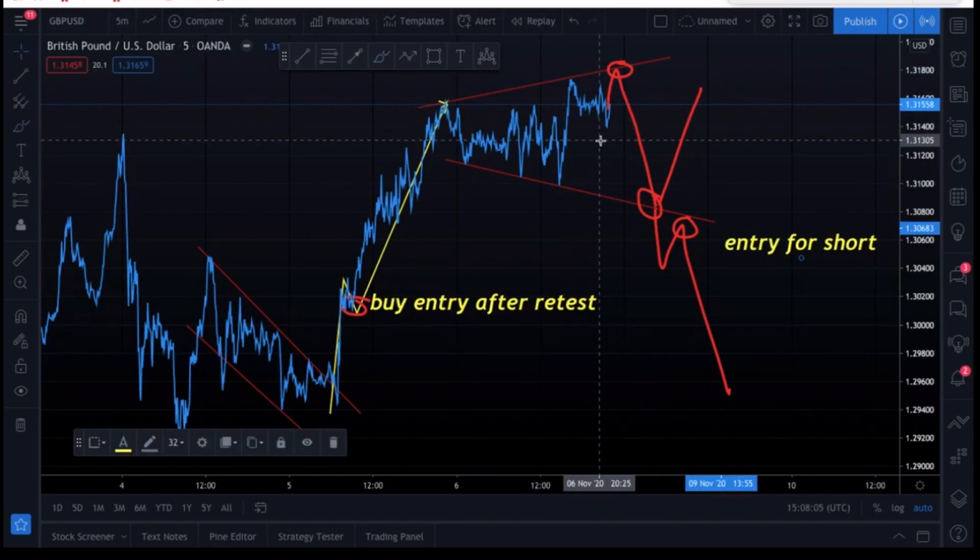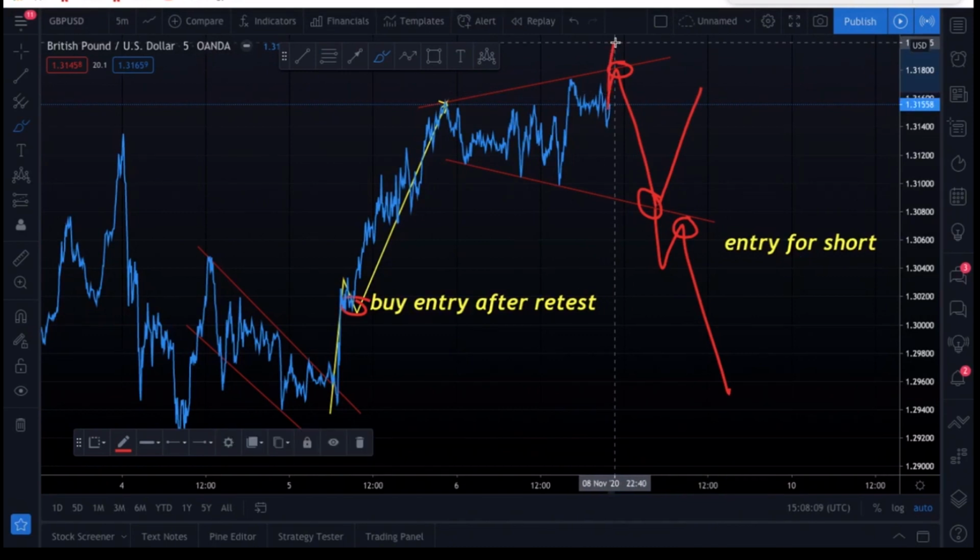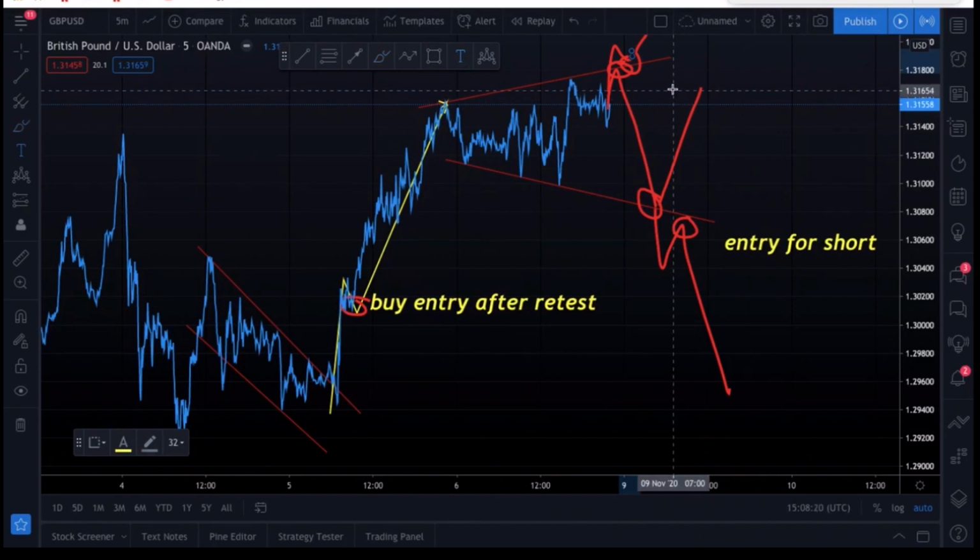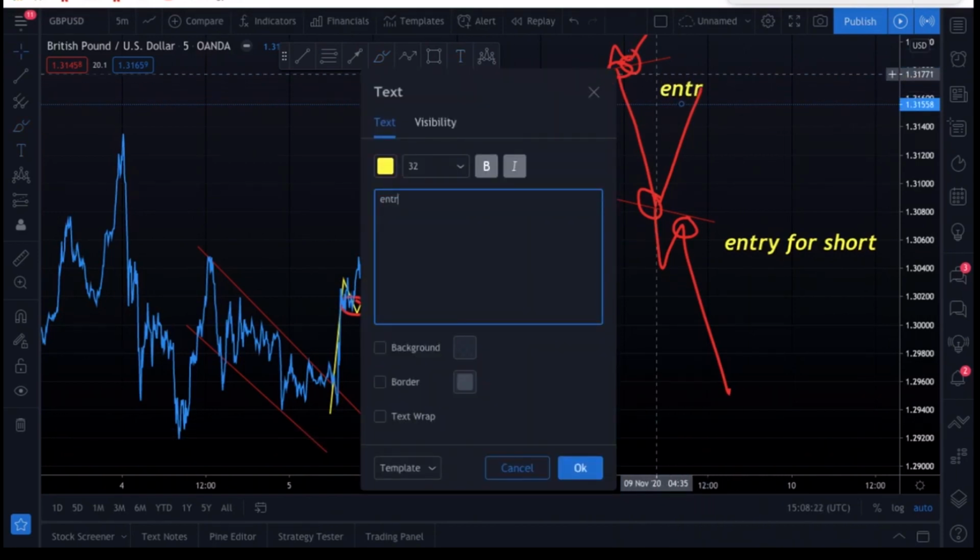Another possibility is that now it can break out there, retest, and can go further up. That area will be our entry for buy.